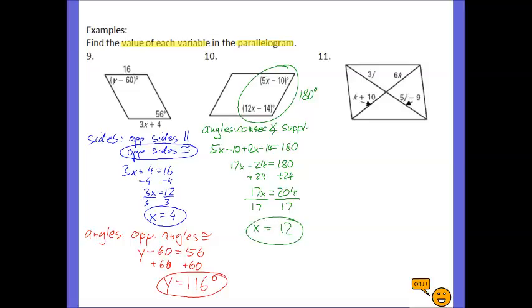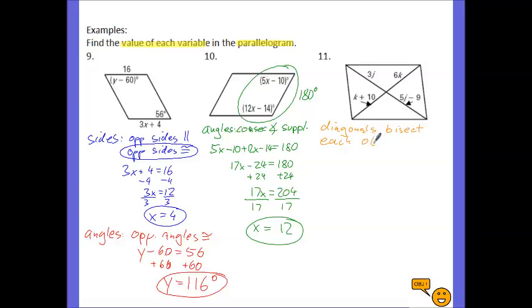In our last example, we are given only measurements of the diagonals, or to be more precise, of segments that make up the diagonals. And we need to remember that in parallelograms, diagonals bisect each other.